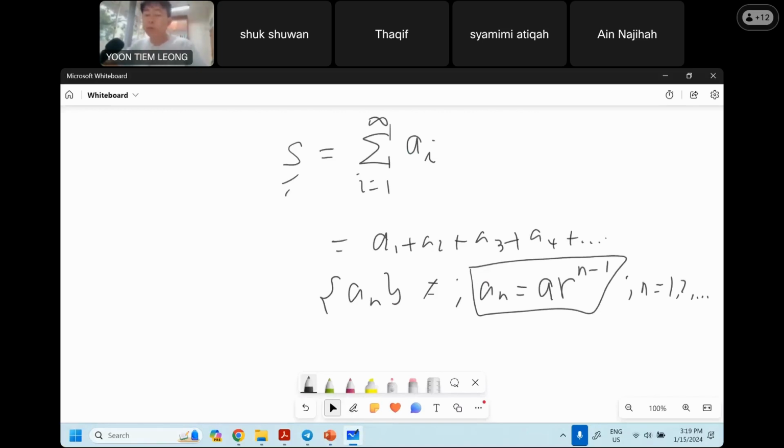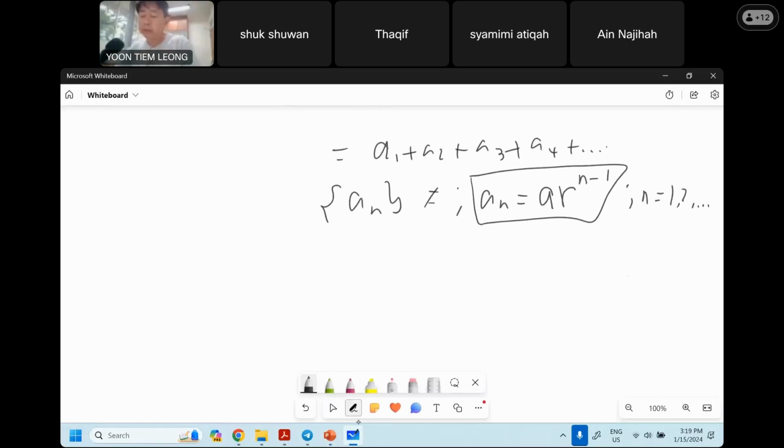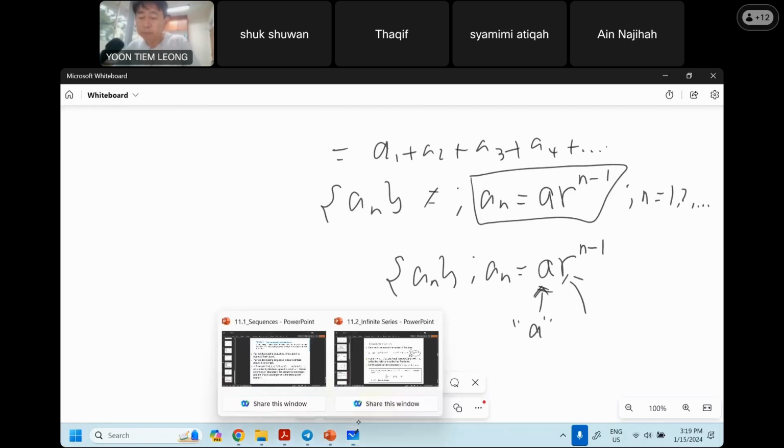So the terms in the sequence are a_n equals a times another constant r raised to the power of n minus 1. Here a is a constant and r is also a constant. a has a specific name, which we call the first term, and r is called the ratio.